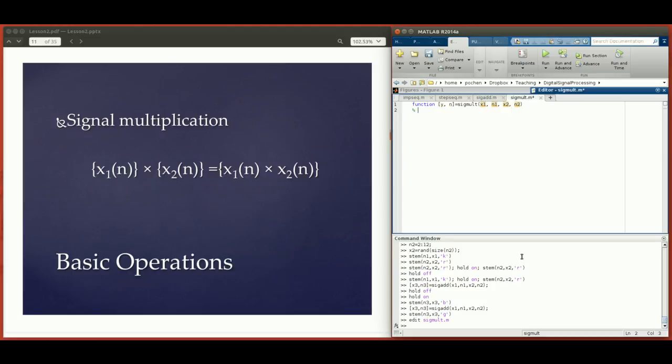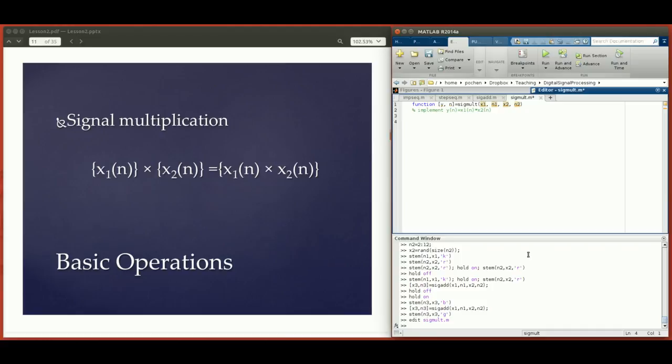Let's just write a simple comment. Implement y[n] equals x1[n] times x2[n], right? And the body of the function is going to be quite similar to sig add actually.